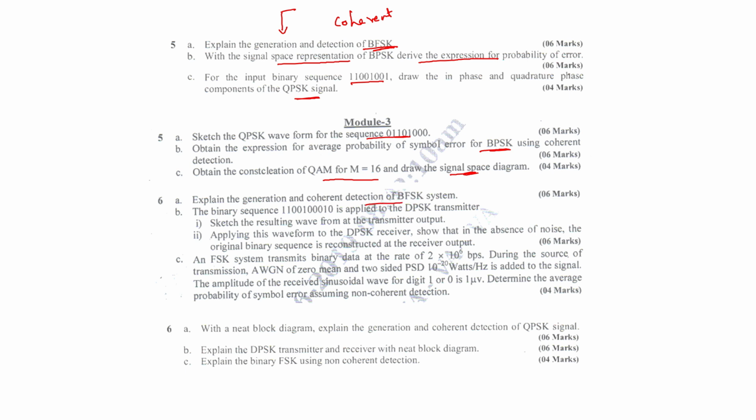And in the next question, you are able to find BFSK and DPSK, encoding, decoding, everything you have to write. The binary sequence is given, you have to obtain the transmitter output and receiver output, and a small problem on an FSK system, followed by generation and detection of QPSK, DPSK, and FSK non-coherent detection.